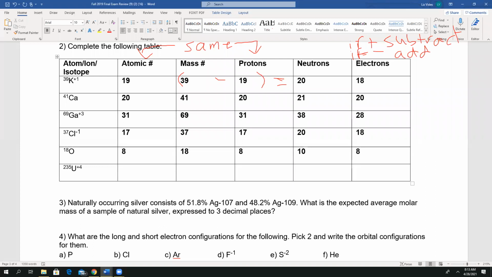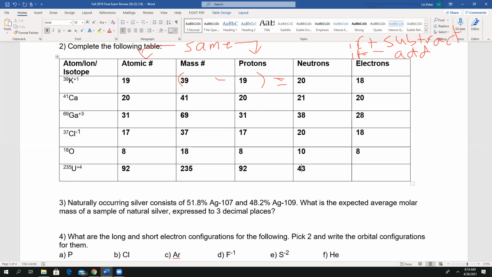And then uranium, notice it says 235. And uranium's number is 92. Okay, so 92 here. Now we subtract. Let's see what that is. 13 minus 9 is 4.